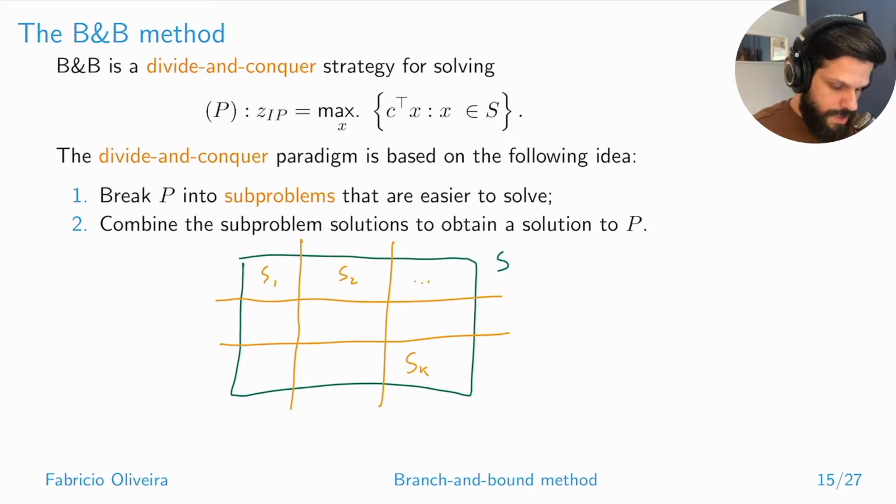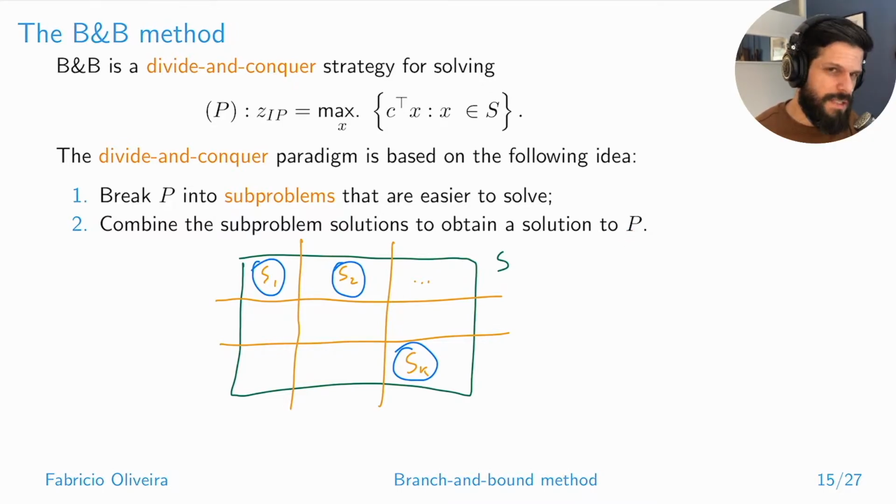And we solve the problem here, we solve the problem here, we solve the problem there, and then we compare the solutions. So in this area, I found a solution xk1. In this area, I found a solution xk2. And then once I have a solution for each of them, I can think of a way they can be combined into a solution for the original problem.